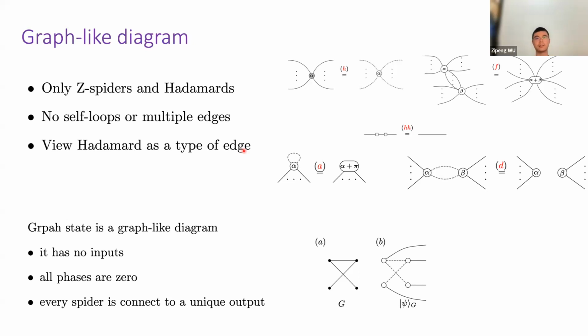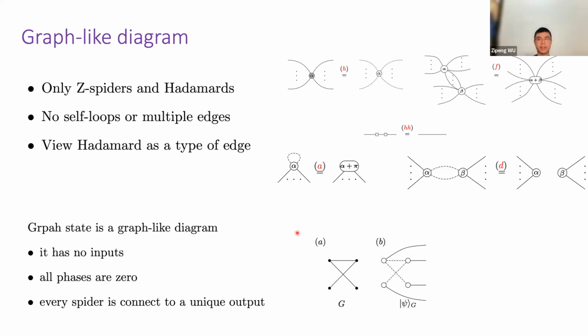If there's a solid line between Z spiders, they can be fused together, and fusing properly will induce a Hadamard loop, and it will result in a pi phase on the Z spiders. And any pair of Hadamards between a pair of Z spiders will be detached.